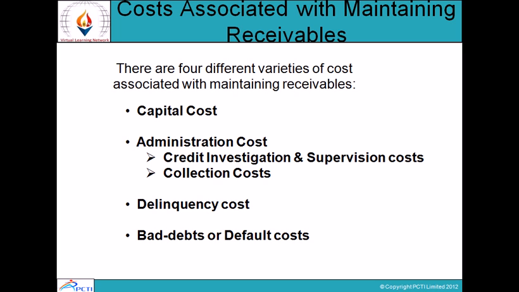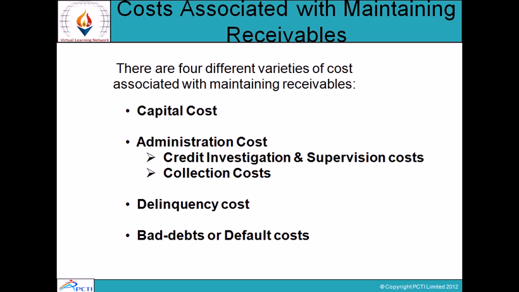The another cost is administration cost. When the firm sells goods on credit, it incurs two types of administration cost. First is credit investigation and supervision cost, and second is collection cost. What is credit investigation and supervision cost?